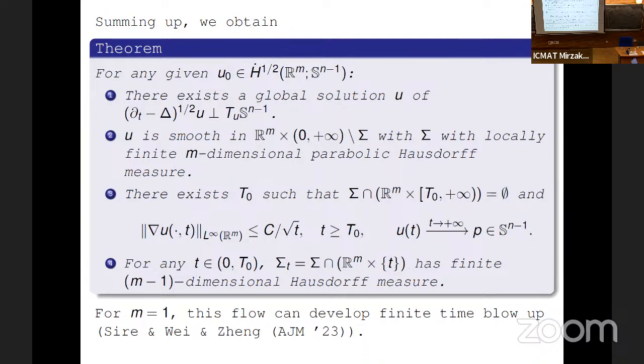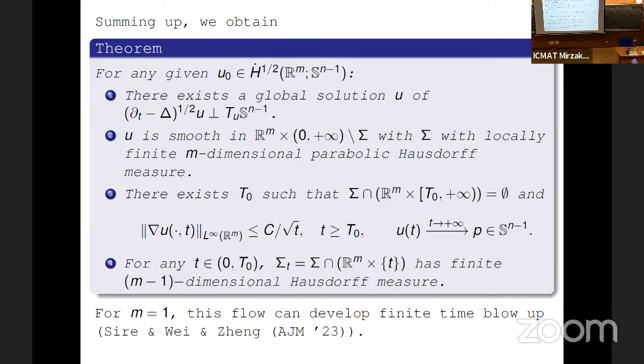You want to study a heat flow, and why would you study this very complicated flow, non-local in time and space? Why not study this flow here? This is probably much more natural to study at first. You just take the L2 gradient flow of the energy related to this equation.